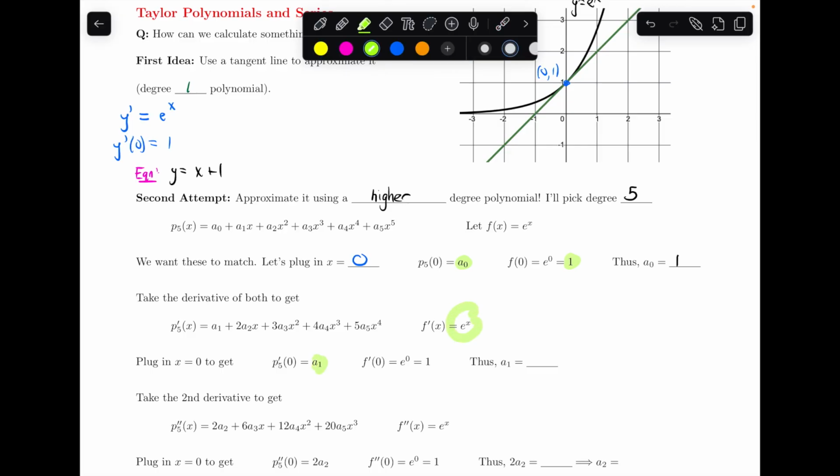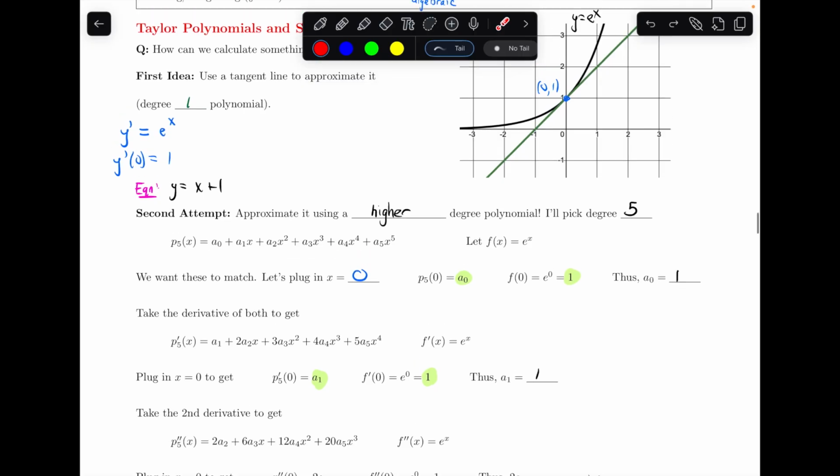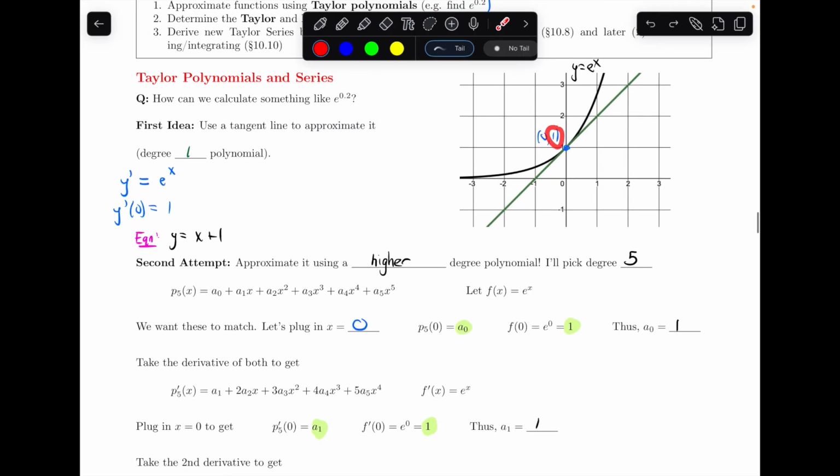If I plug 0 into e to the x, I'll get 1. So those have to match, which means a1 is 1. At this point, I know my first two coefficients. What having a higher degree polynomial lets me do is, now I don't just want to match this point and the slopes. I also want to match how they're curving in more detail.